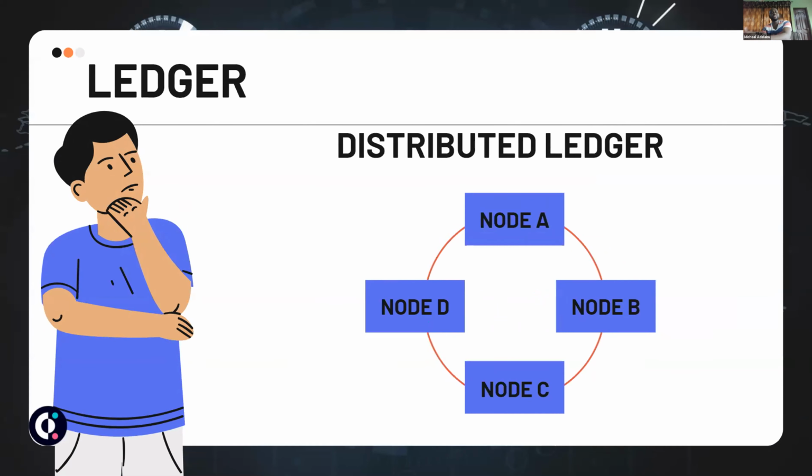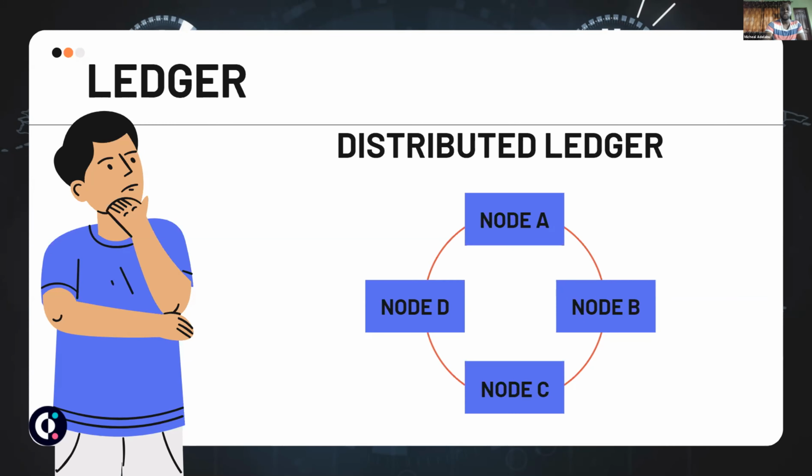So blockchain is a decentralized ledger, like I explained earlier in the definition, where there is no middleman acting as a governor or as a sole supreme power in the system.